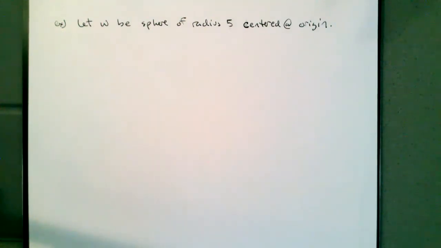So we know that the volume of this sphere is 4/3 times pi times 5 cubed. So 125, what's 125 times 4? 250, 500. 500 pi over 3. So finding the volume of the sphere is not the point. Setting up a triple integral and verifying that it gives us the thing that we expect, that's the point. So we have a sphere of radius 5 centered at the origin.